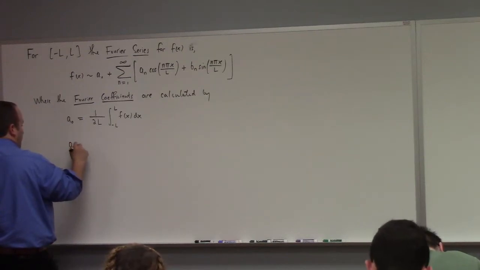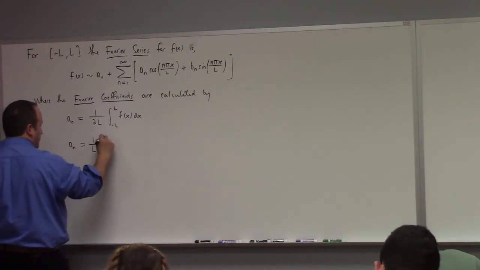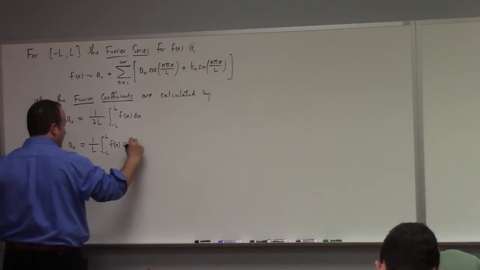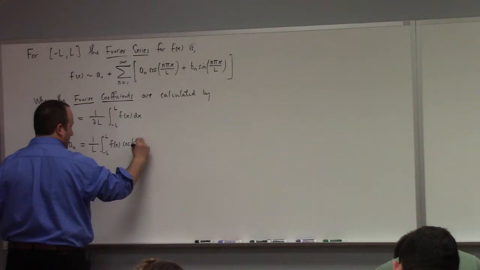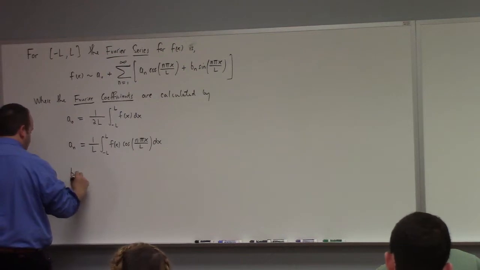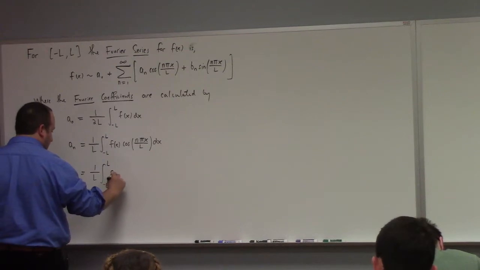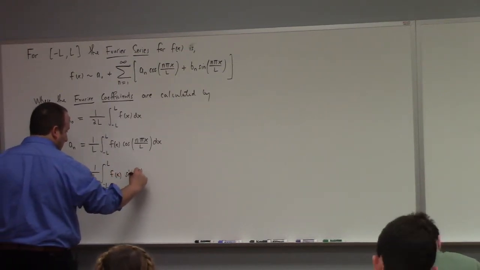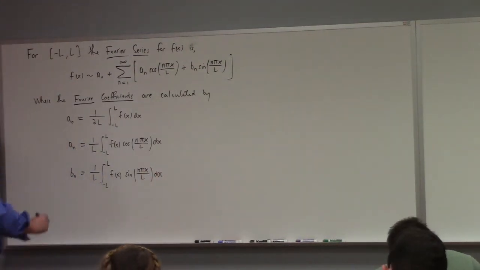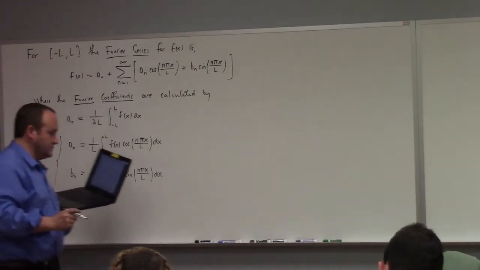And then a sub n is equal to 1 over L times the integral from minus L to L of f of x times the cosine of n pi x over L dx. And b sub n is 1 over L times the integral from minus L to L of f of x times the sine of n pi x over L dx. So this is for n greater than or equal to 1.